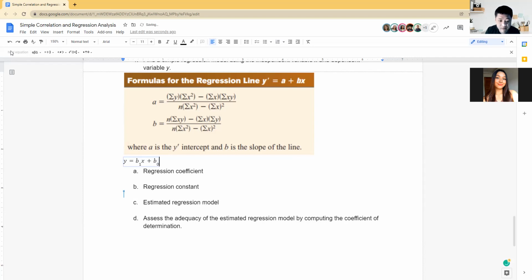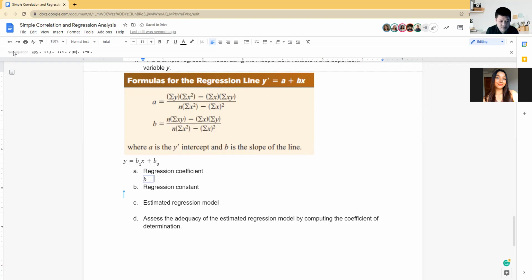So in this case, yung b sub 1 natin will be the regression coefficient. So siya yung b. Tapos yung regression constant natin will be the a. So siya yung b sub 0. So let's just compute for this one. Let's insert the equation here. A is equal to, this is the regression coefficient. B pala to, B, sorry, or B sub 1.